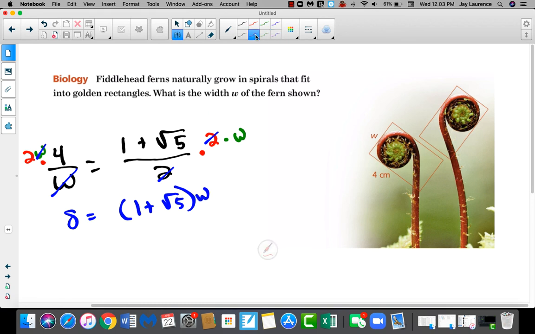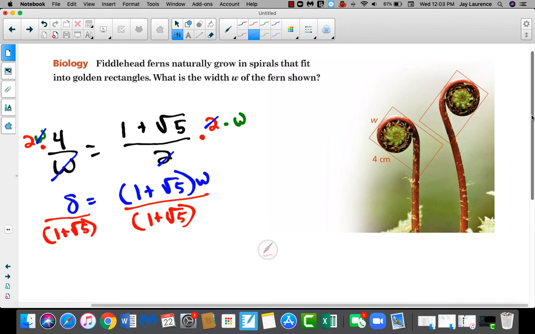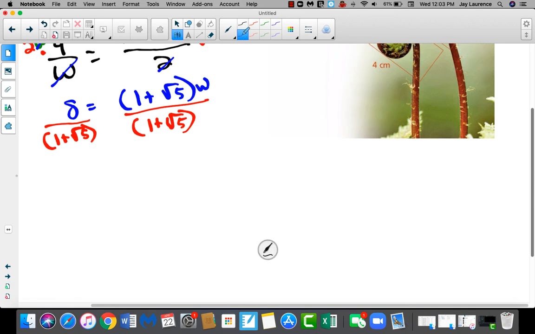Now I'll get W alone by dividing by 1 plus the rad of 5. Of course, I have to do that over here. 1 plus the rad of 5. All right, and I'm just going to change sides. So I'll have W equals 8 over 1 plus the rad of 5.